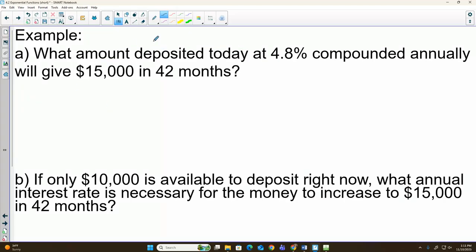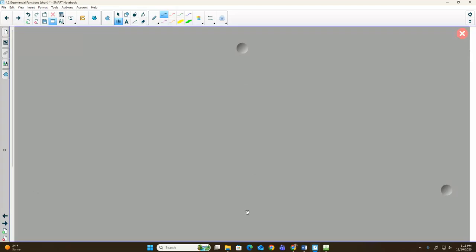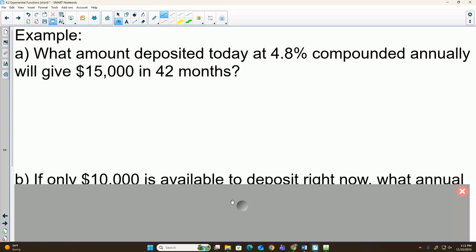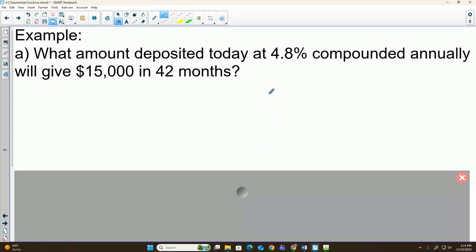Let's try the last one for today. I don't know if I'll get through A and B, but we'll at least do A. What amount deposited today? If I want the amount today, the amount right now, what variable is that? P. I am looking for P. At 4.8%, so that is R. We always move it back, it's like dividing out of 100, so 0.048.